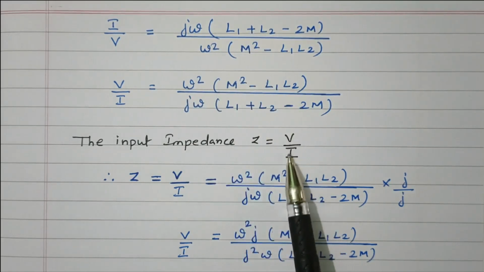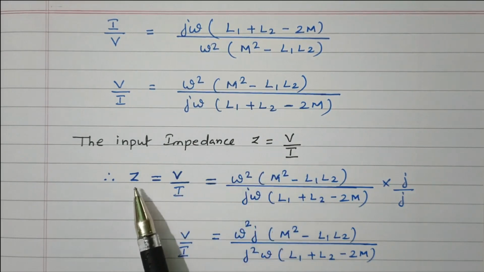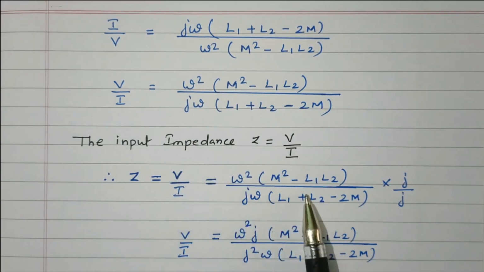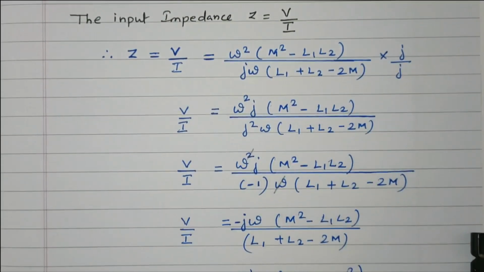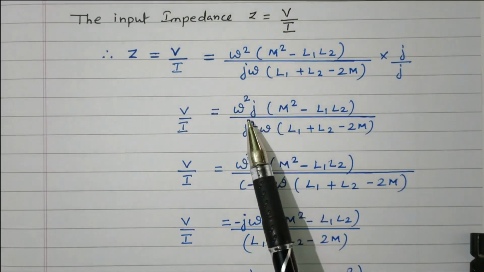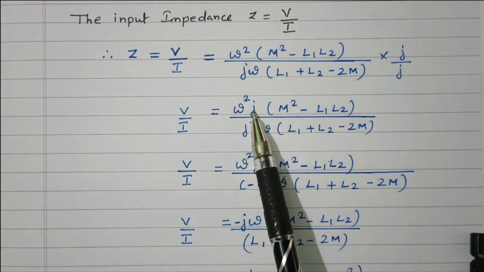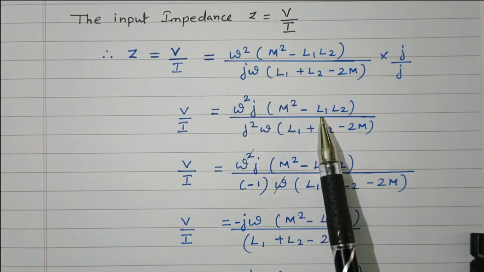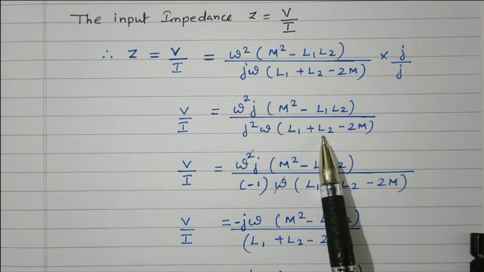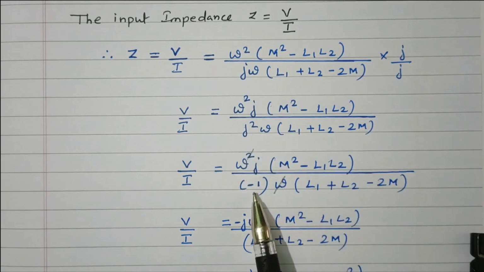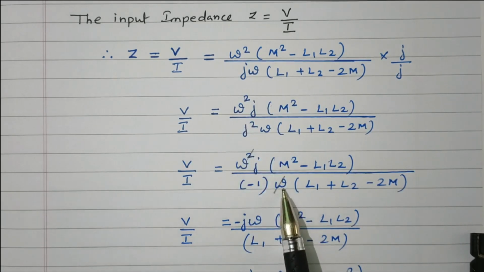Now we know that V divided by I is impedance, so it is written Z equals V by I. In order to bring this j, again it is multiplied and divided by j, so that we can go for further simplification. So what happened here: omega square into j, this j is available, into m square minus L1 L2; here j is available 2 times, j square omega L1 plus L2 minus 2m. j square is minus 1, and one omega term got cancelled, right?